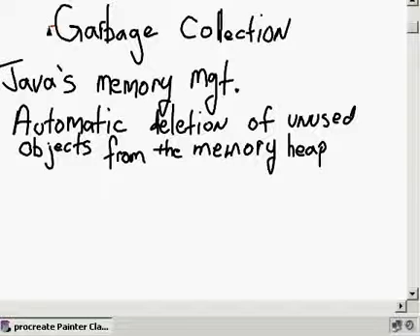And this is how Java automatically adjusts and manages memory for you, which is a pretty neat little feature. Garbage collection basically finds objects in the Java virtual machine that are no longer being referenced, and it deletes them periodically. It's basically automatic deletion of objects from the memory heap.